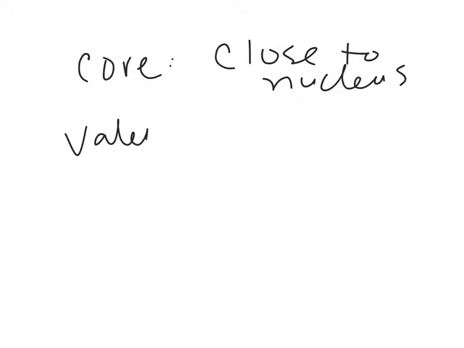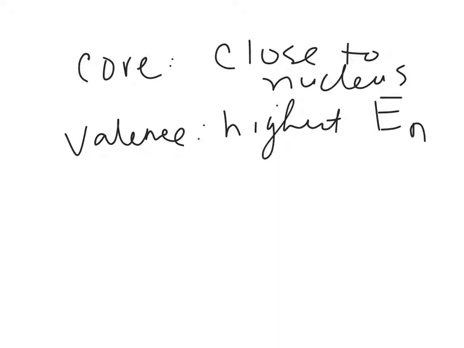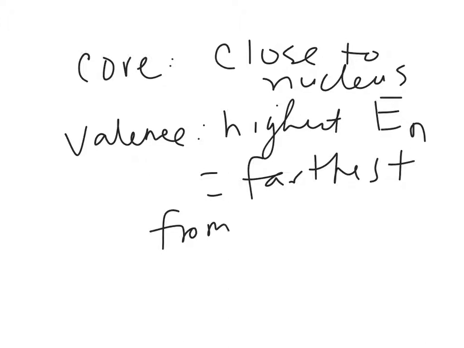The valence electrons, on the other hand, are at the highest energy level, so highest E sub n, and that means that they are the farthest from the nucleus. So it kind of makes sense that since they're so far from the nucleus, they are the most available to interact with other atoms, undergo chemical reactions.